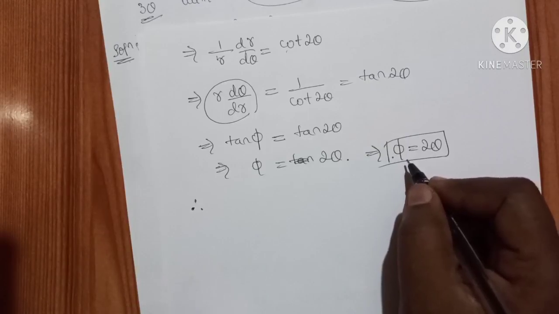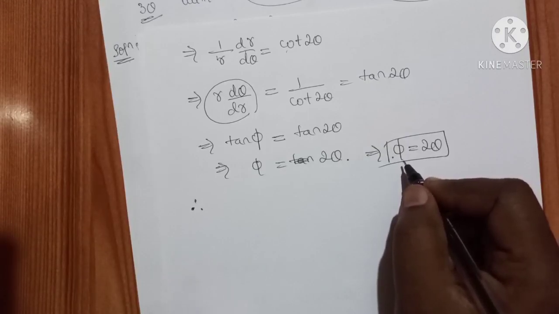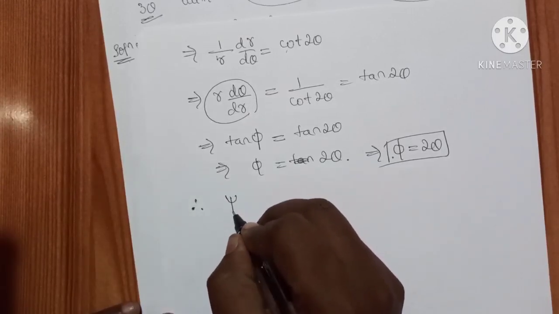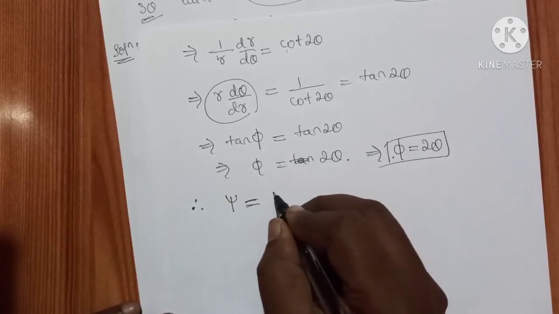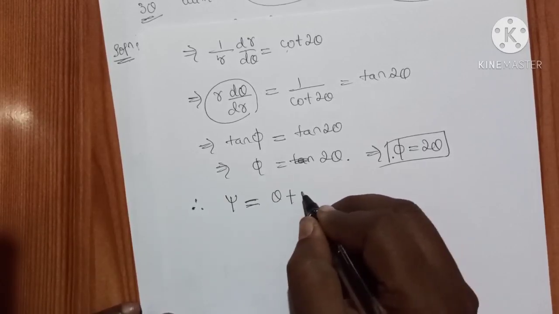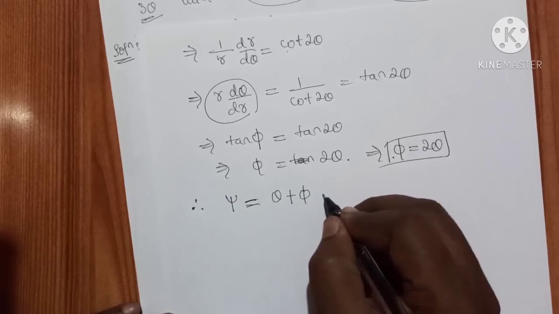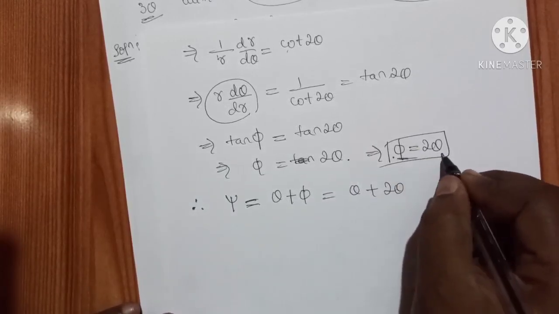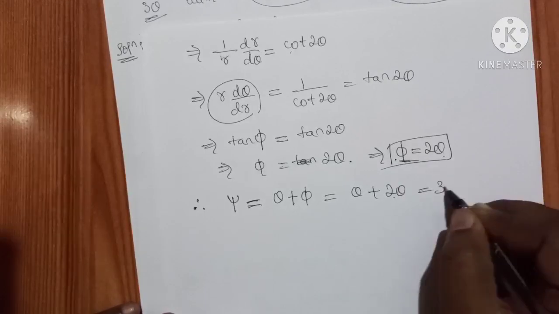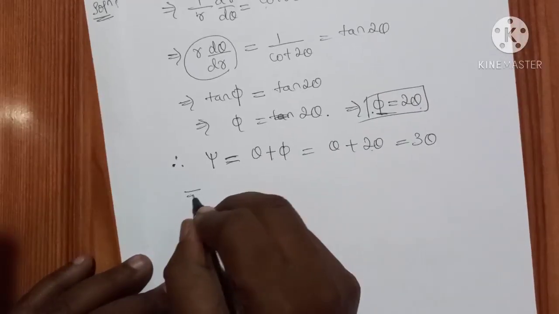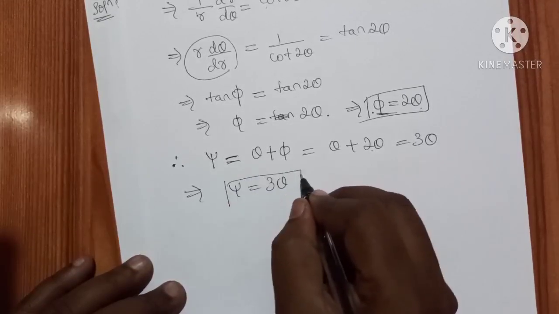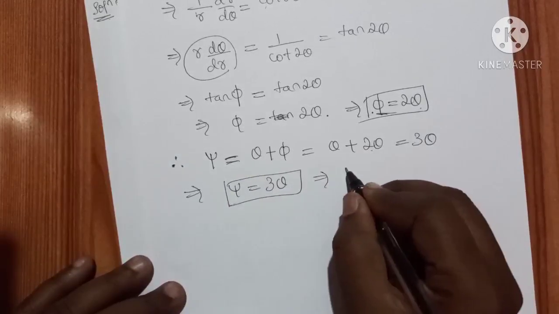We have to show that the angle between initial line and the tangent is 3 theta. Therefore we have to find this psi value. So that is theta plus phi, which is theta plus 2 theta, because phi value is 2 theta, so we get 3 theta. Thus psi is equal to 3 theta. So this is our proof.